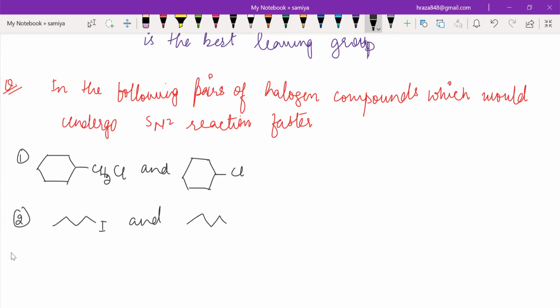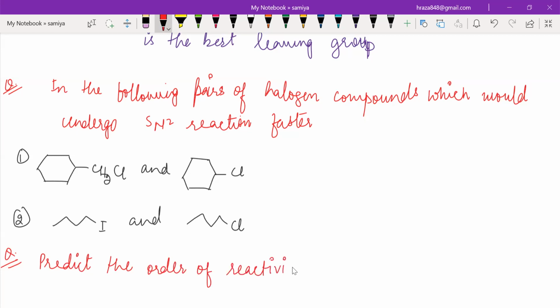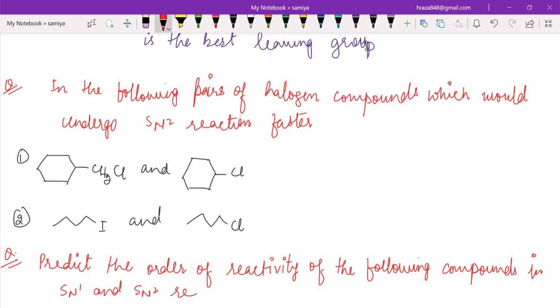Please do this, and also predict the order of reactivity of the following compounds in SN1 and SN2 reactions.